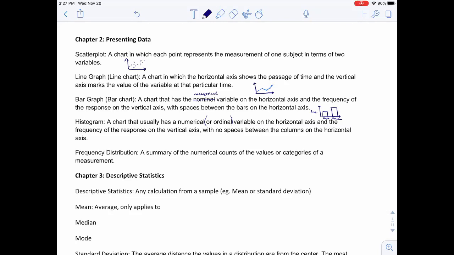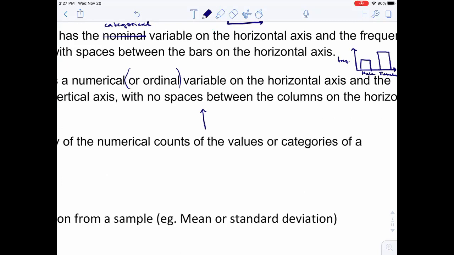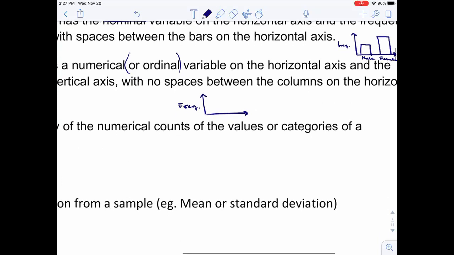So it's essentially a bar graph. If we talk about something numerical like height, then we've got the counts in each group. Something like that.